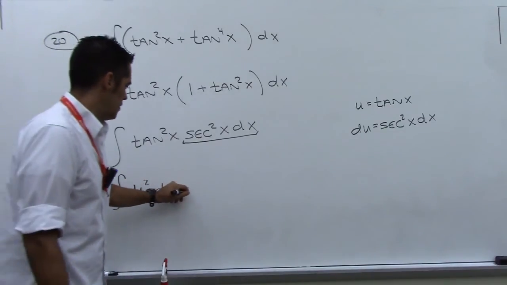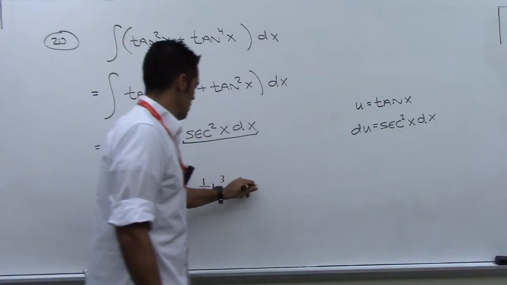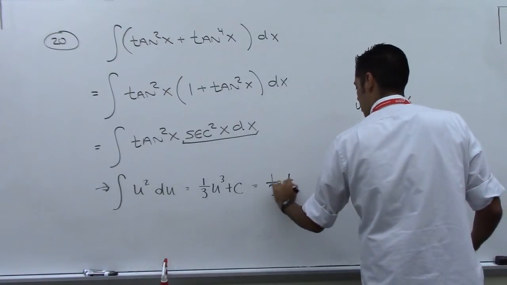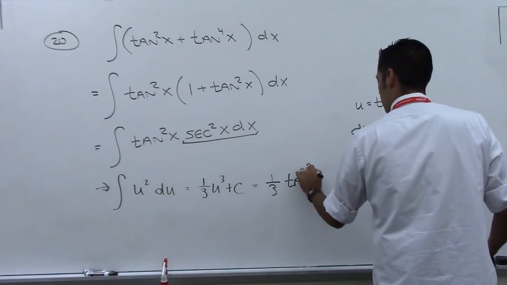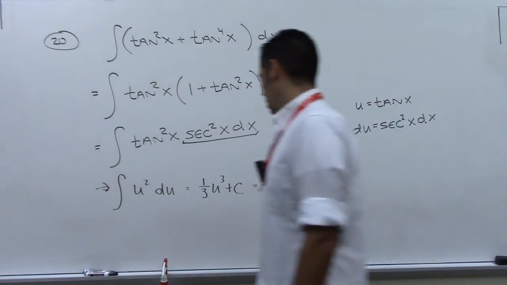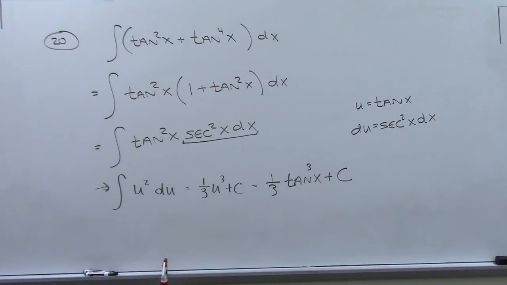And then the antiderivative there is 1/3 u cubed plus c, which will be 1/3 tangent x cubed plus c. That's it. We're good to go. Kind of weird that it works that way, but it does.